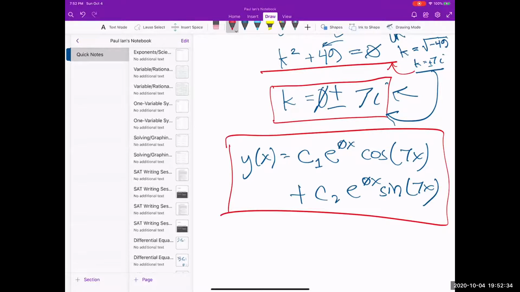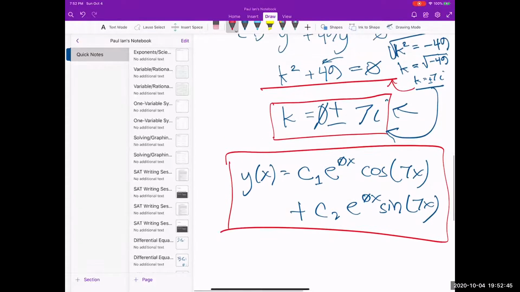The general solution to d squared y over dx squared equals negative 49y. If you look at this, this is 0 and this is 7.